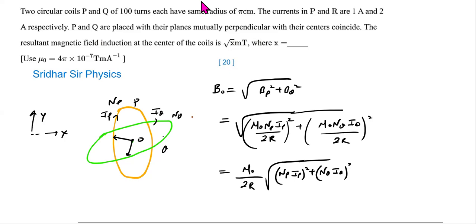Here, the number of turns is also constant, so we'll make it N. Now substitute: mu naught is 4 pi into 10 to the power of minus 7, 2 radius is pi into 10 to the power of minus 2, number of turns 100, and 1 square plus 2 square.